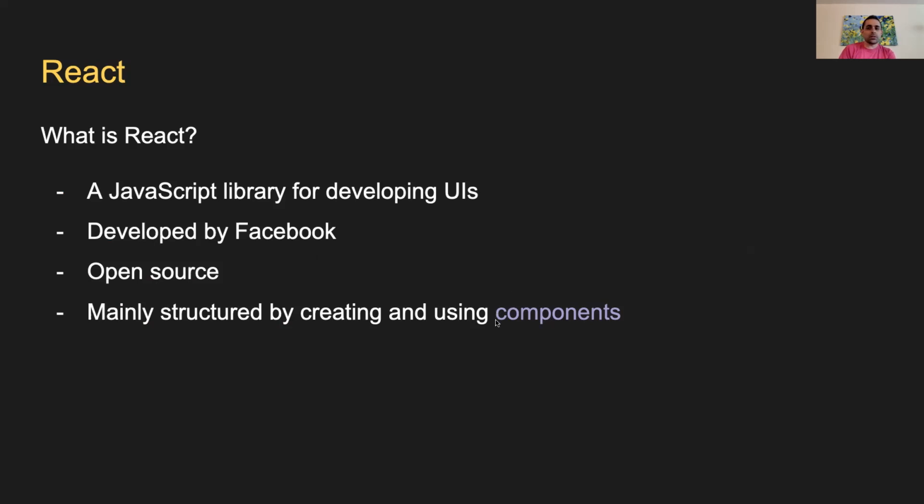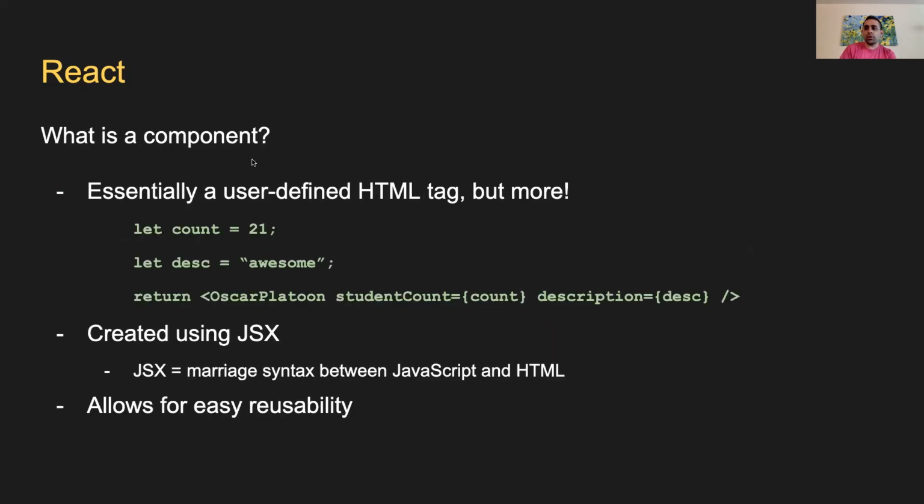All right, so your next likely question might be, what are components or what is a component? I describe them as basically fancier HTML tags. So they're user defined, as we're going to be creating our own components, and they act effectively like HTML tags. But again, there's more to them than just simple HTML logic, I guess. So in this case, I have a quick example where we define some variables.